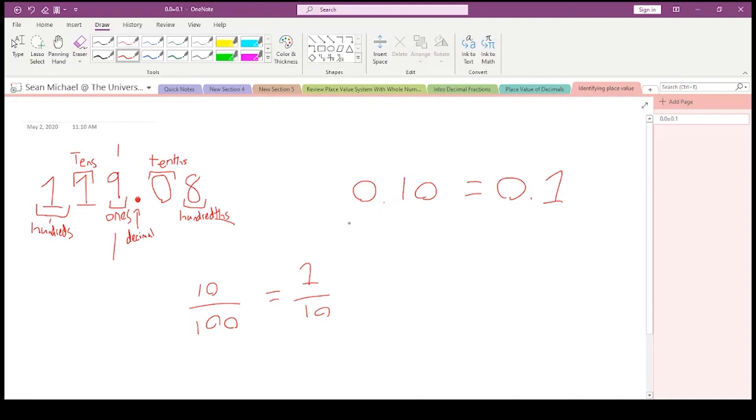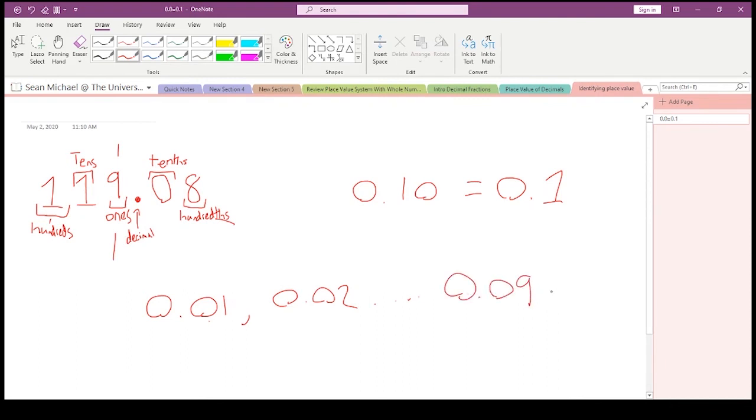So I can show this simply by doing something like this. Let me just erase this for you. If you have 0.01, a hundredth, the next one is 0.02, and then you go on, and you have 0.09.